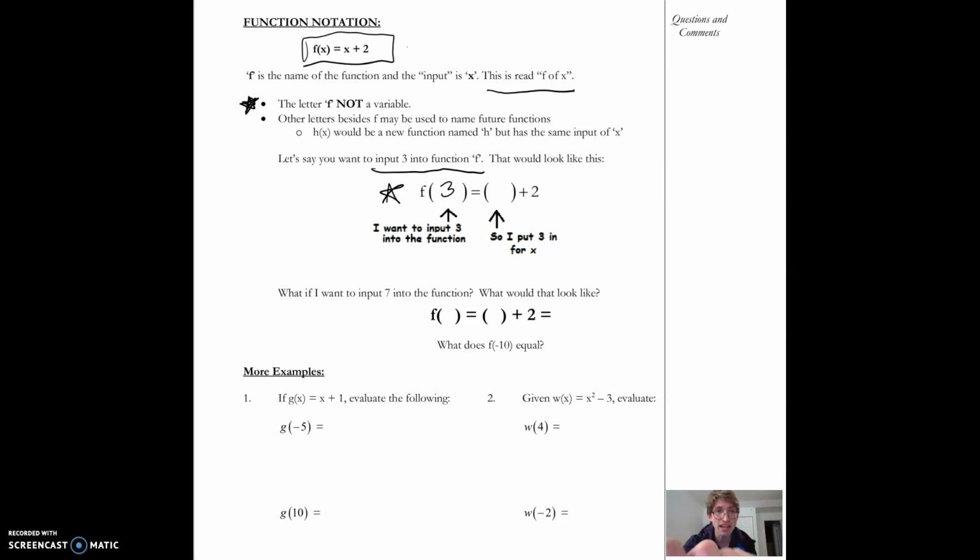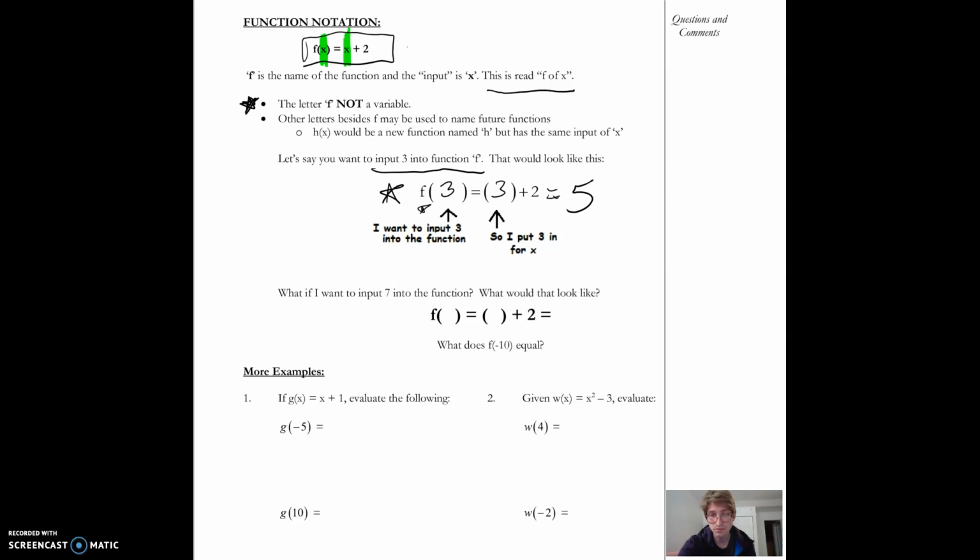So back up at the top, this x, when we plug in something there, that tells us what to plug in for that x that the function is defining for us. So when we plug in 3 into our function, we plug in 3 for x on the other side as well. So f of 3 equals 3 plus 2, which equals 5.